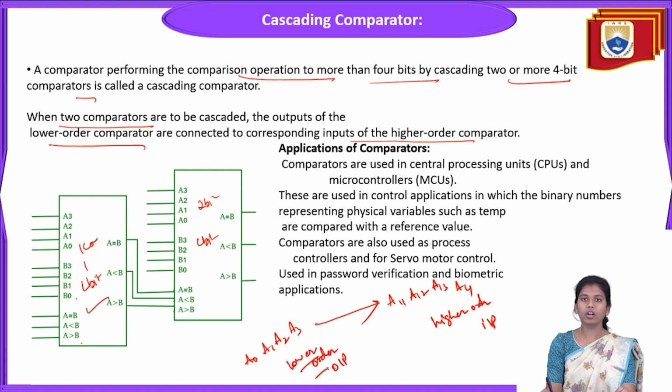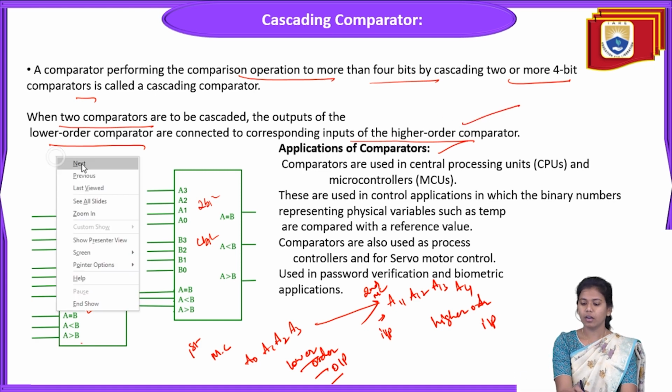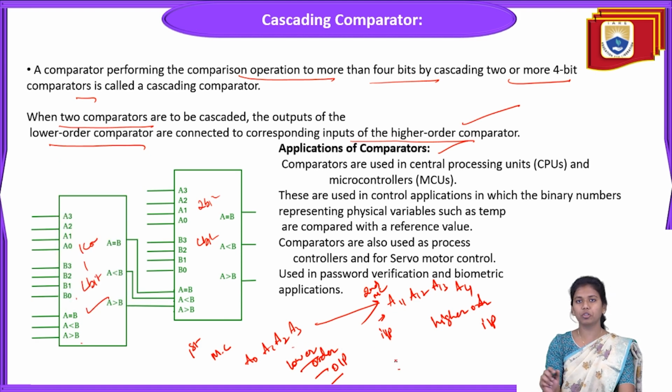The lower order output we got from the first magnitude comparator is given as input to the second magnitude comparator. That is what the cascading comparator does. I hope you understand what a cascading comparator is. Remember that the lower order outputs can be given as input to the higher order comparator. It is nothing but cascading, the connecting.